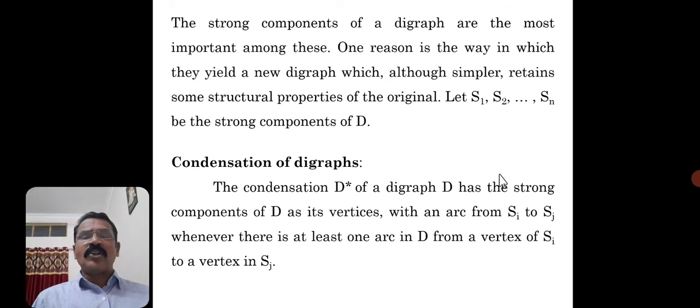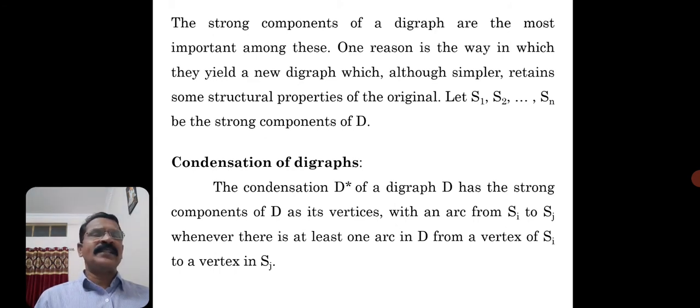Now, out of these three, weak, unilateral and strong, the strong components of a digraph are the most important. One reason is the way in which they yield a new digraph, which, although similar, retains some structural properties of the original.